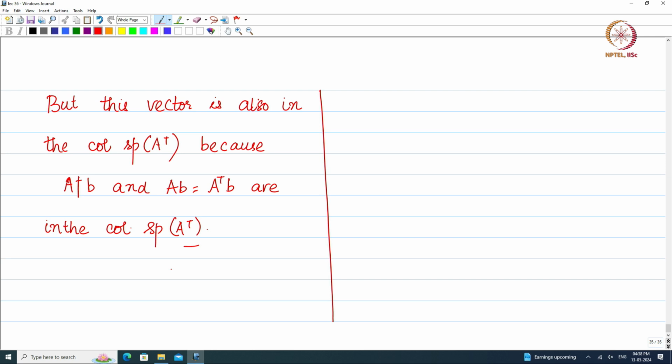We already know that the row space, or the column space of A transpose, and the null space are orthogonal complements of each other. Therefore, we have A dagger B minus AB is equal to 0, since the column space of A transpose and the null space of A are orthogonal complements.